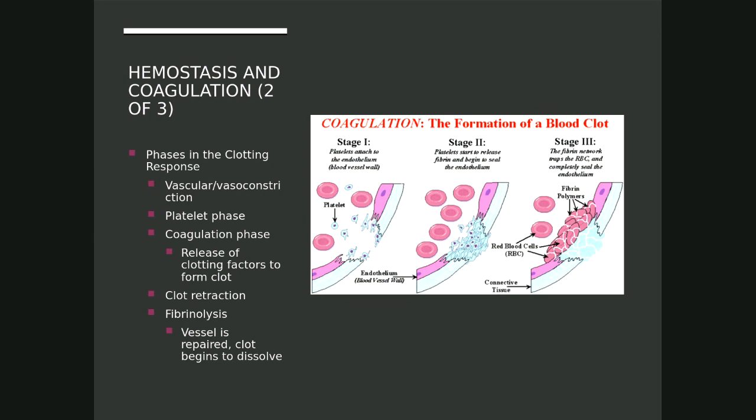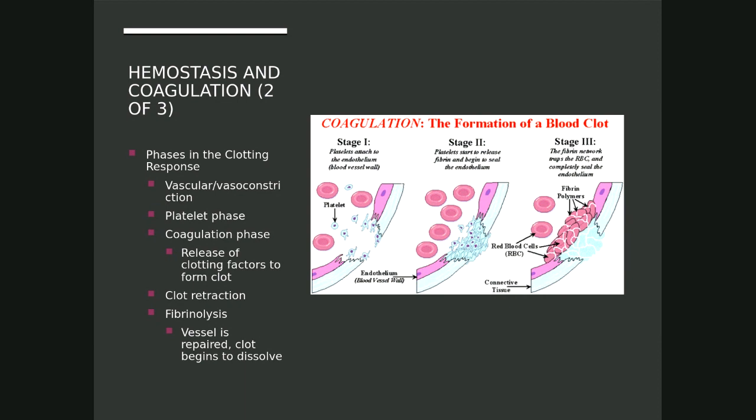Platelets are then released, with fibrin, and begin to try to seal the skin. If that does not work and we still see red blood cells passing through, we're going to go on to the next phase, which is the coagulation phase. This is the release of clotting factors to help form a clot.